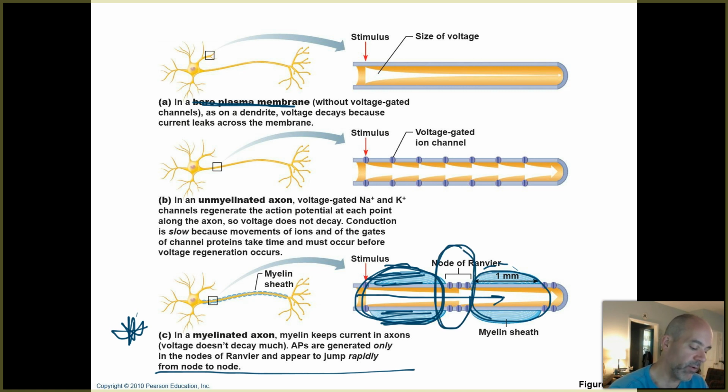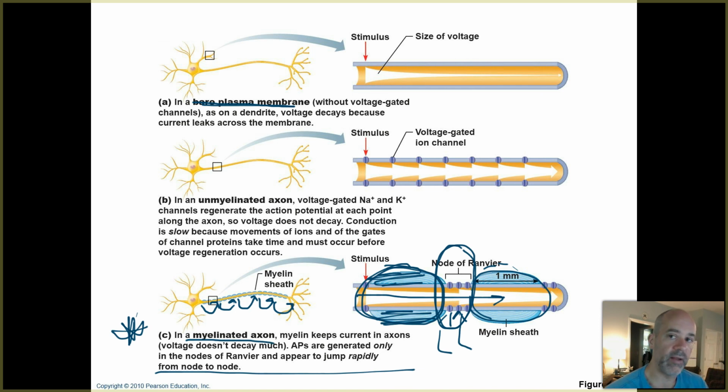Within the node of Ranvier, those little purple things there are your voltage-gated ion channels that let you do your action potentials and reset them. So the action potential will move very quickly along a myelinated axon as it jumps from node to node.